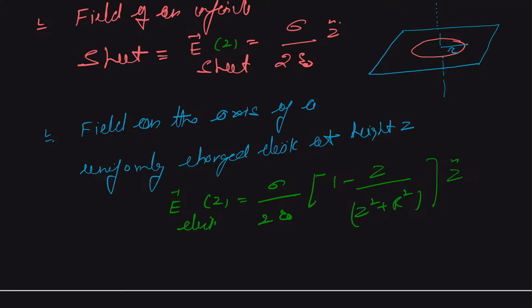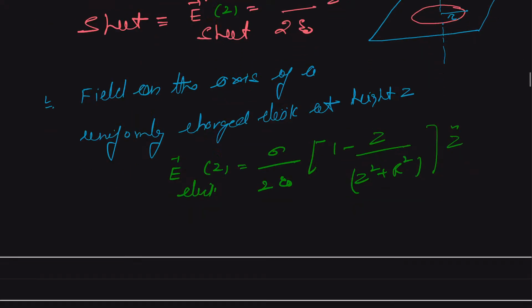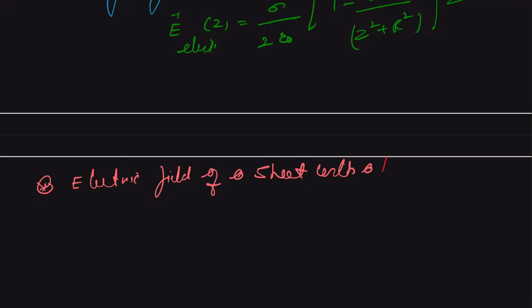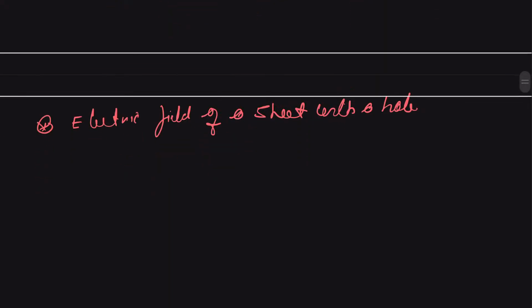And so the net electric field will be nothing but the subtraction of both. Therefore we can say that the electric field of a sheet with a hole, okay, that was our question, will be equal to the electric field because of the sheet minus the electric field because of the disk.